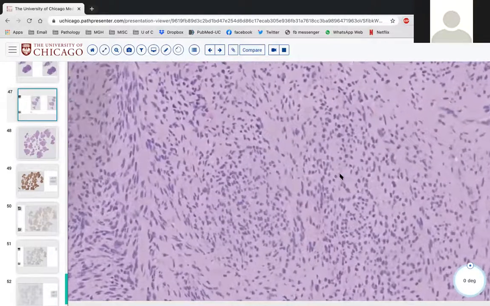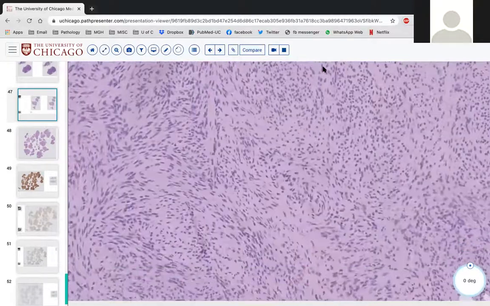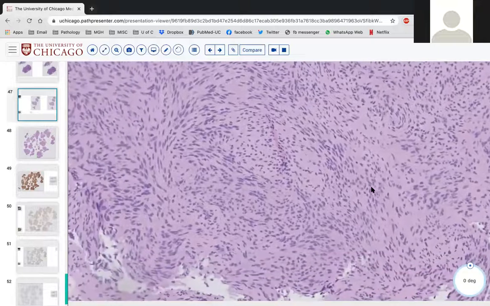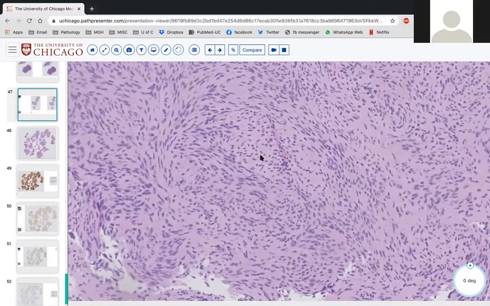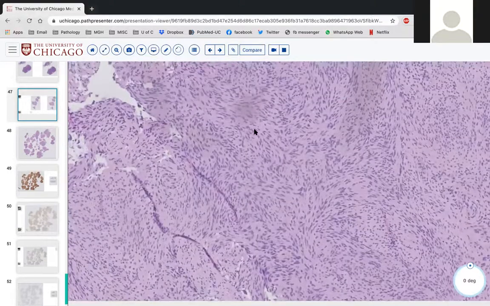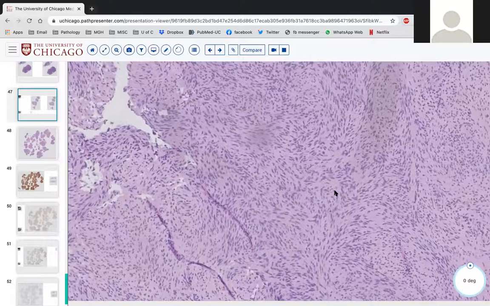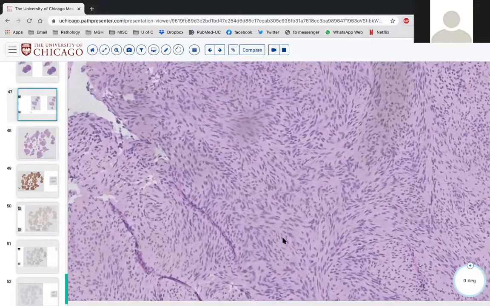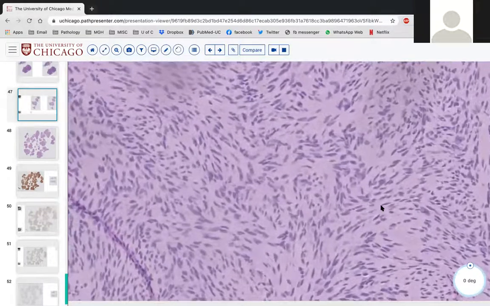And so now we can see definitely still spindled, right? Yes. A little bit. What do you think about the cellularity? Medium. Yeah, medium, but it is fairly cellular, right? We have lots of nuclei.